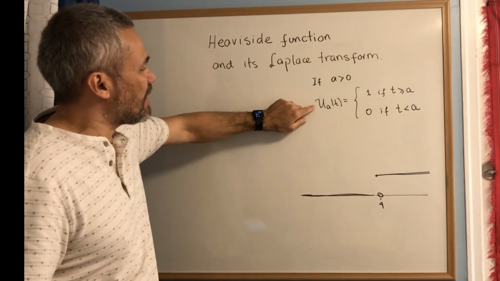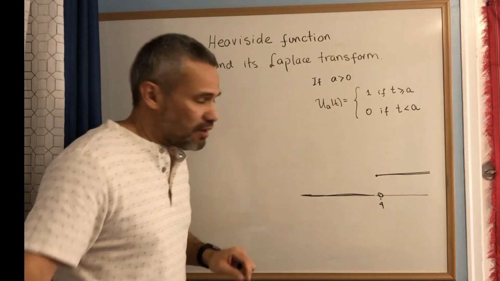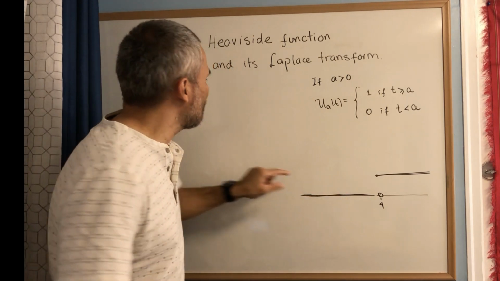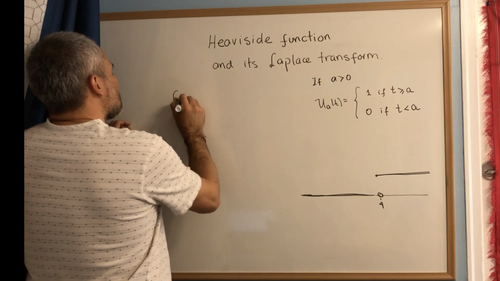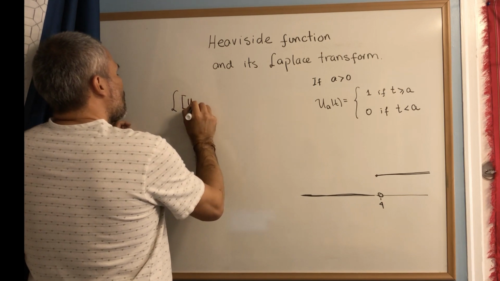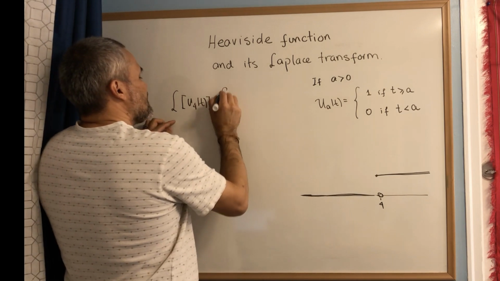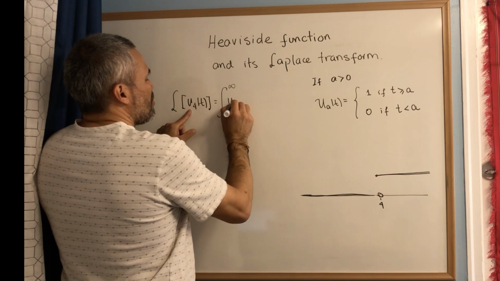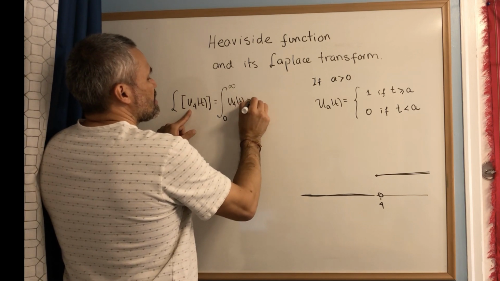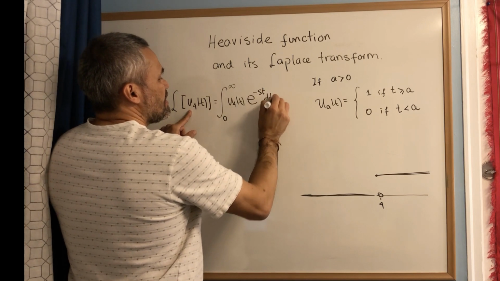Let's compute the Laplace transform of this function. Maybe we do the Laplace transform of u4 of t, and then we generalize. What is the Laplace transform of u4 of t? By definition, this is the integral from 0 to infinity of u4 of t times e to the negative st dt.